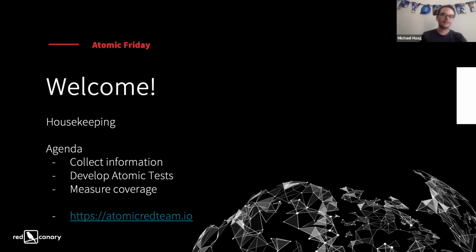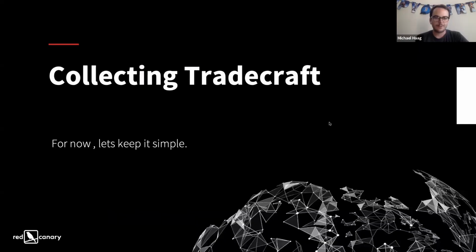Cool, thanks. So we're going to hop into the first piece here, which is collecting tradecraft. Every time we look to work on a new chain reaction or try to learn more about a group, we have a pretty simple set of questions that we always ask, and a set of behaviors we want to look for.